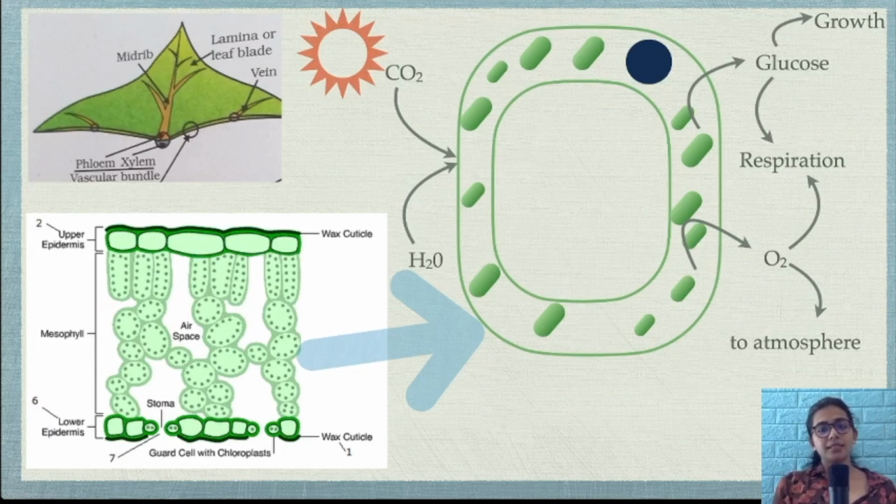Okay, so let us just get our perspectives right. First of all, we said that chlorophyll plays a major role in photosynthesis. We also need to remember that chlorophyll is present inside chloroplasts, and all this is mainly present in leaves.